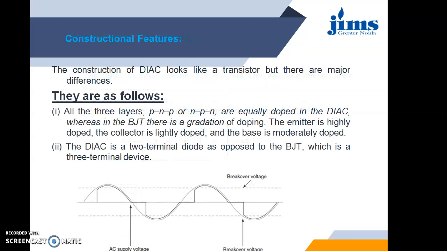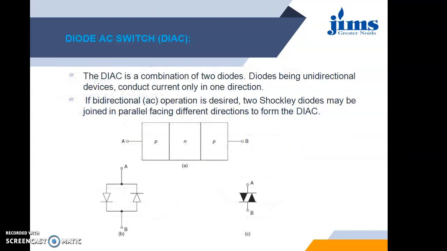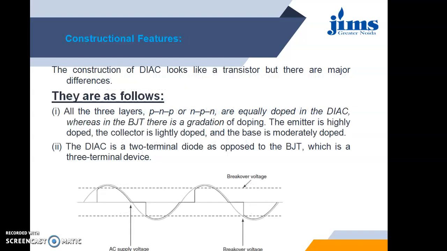Okay, now these are the constructional features. The construction of Diac looks like a transistor, but there are major differences. If we see the construction only, it looks like a PNP transistor simply, but it has a lot of differences. They are as follows.